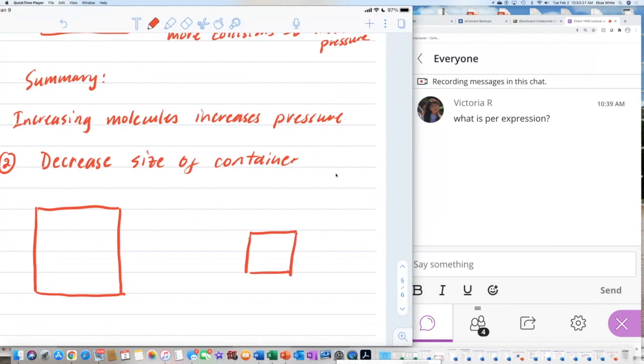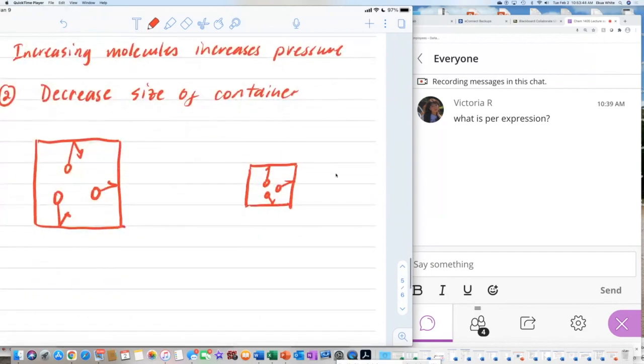I'm going back to my three amounts of gas. Three on the left, they're colliding here. Then I have three on the right, tiny molecules right here. So I have larger volume and I have less volume.